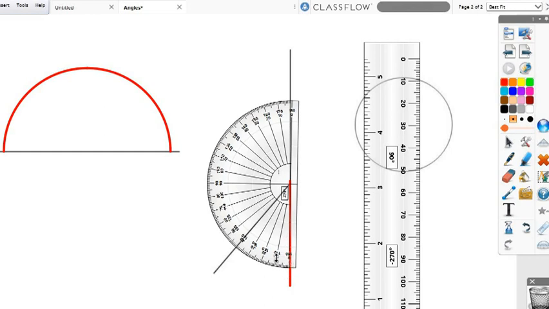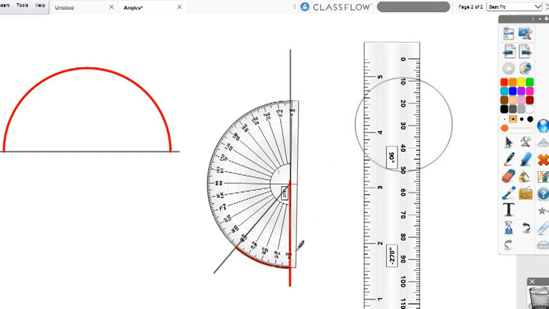Okay, we have here 0, 10, 20, 30, 40 degrees. So it means that all of this angle that we are measuring from here to this point is 40 degrees, added to this one 180 degrees.